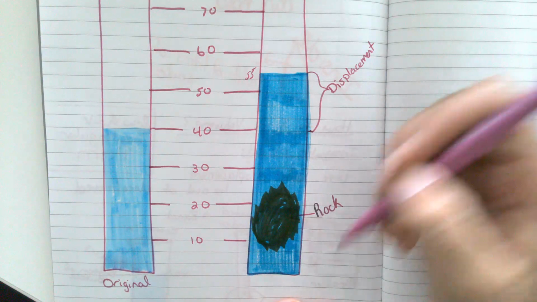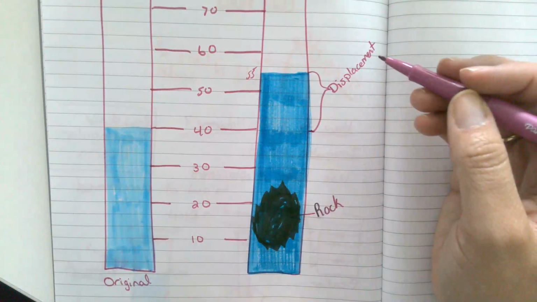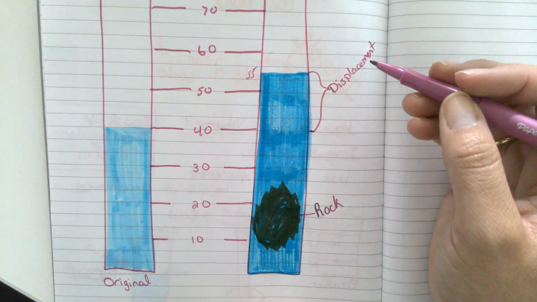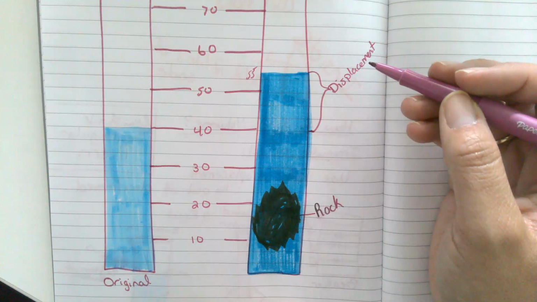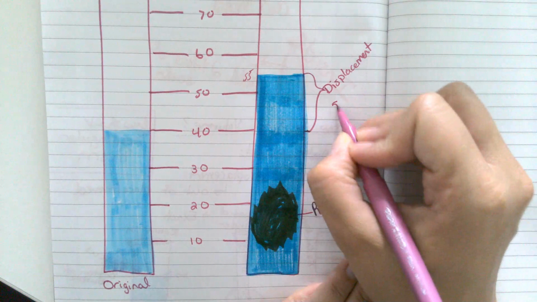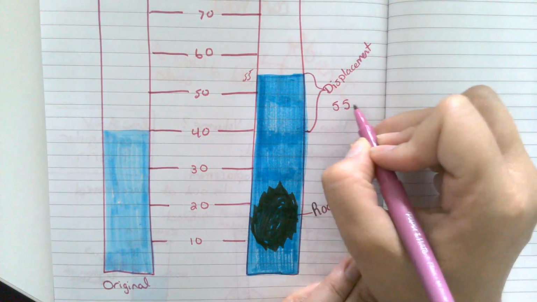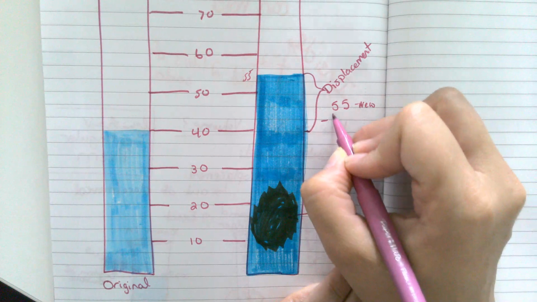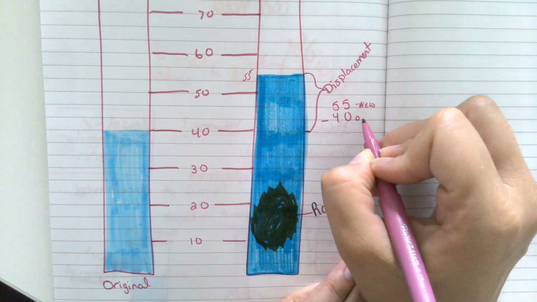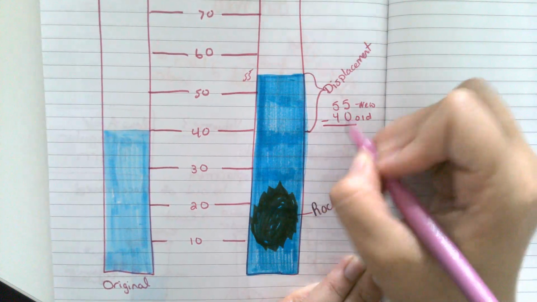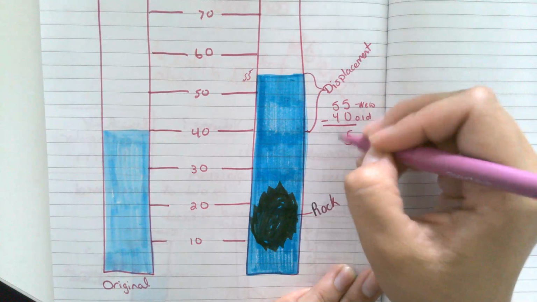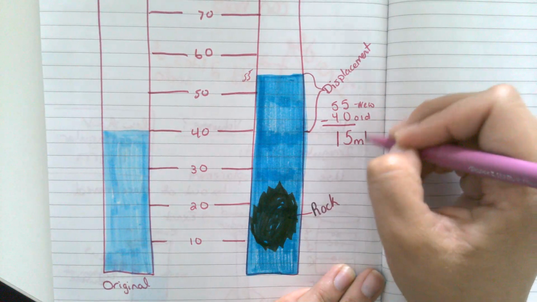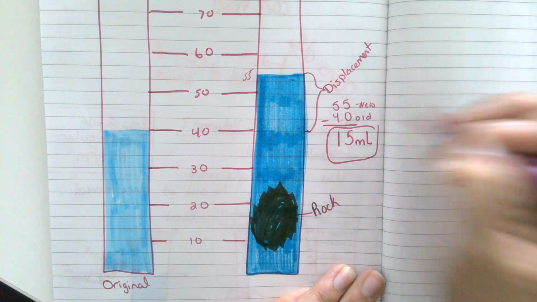But does our rock have a volume of 55 milliliters? No. Wait, yes. No. How? We've got to take 55, which is our new, minus our 40, which is our old, where we started, right? When we subtract the two, our rock has a volume of 15 milliliters.